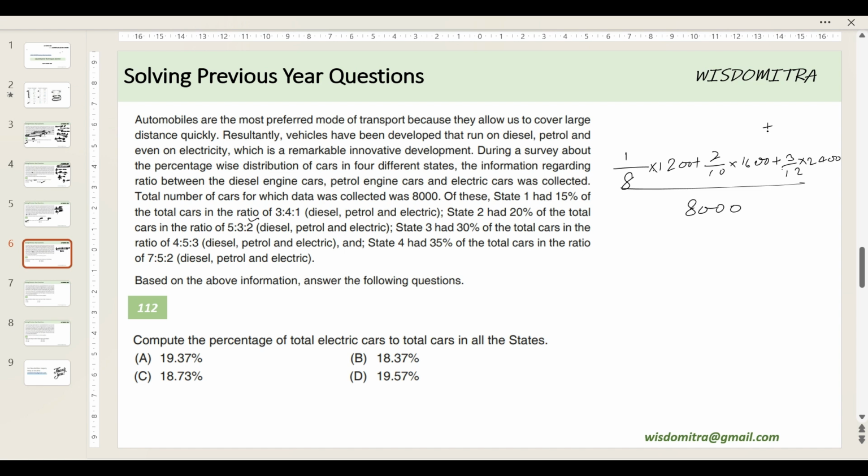And then the fourth state, 2 of 14 into 2800. Okay, so let us see. 8 ones is 8, 150, 10.